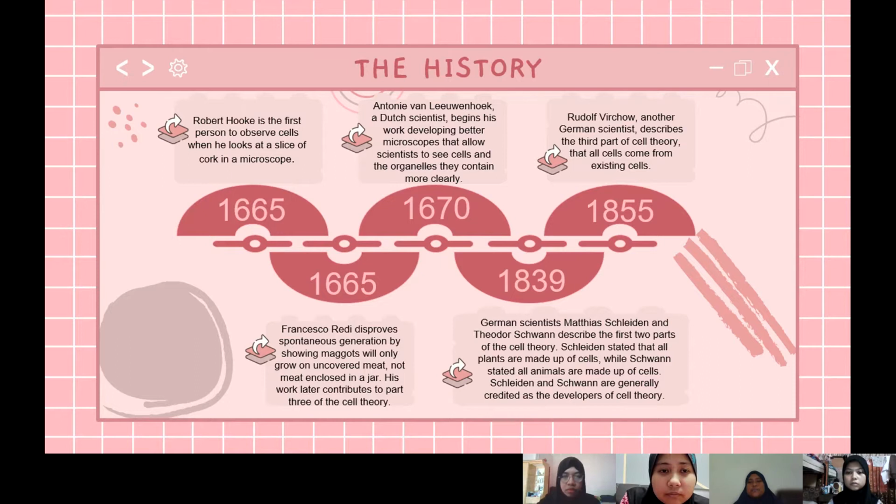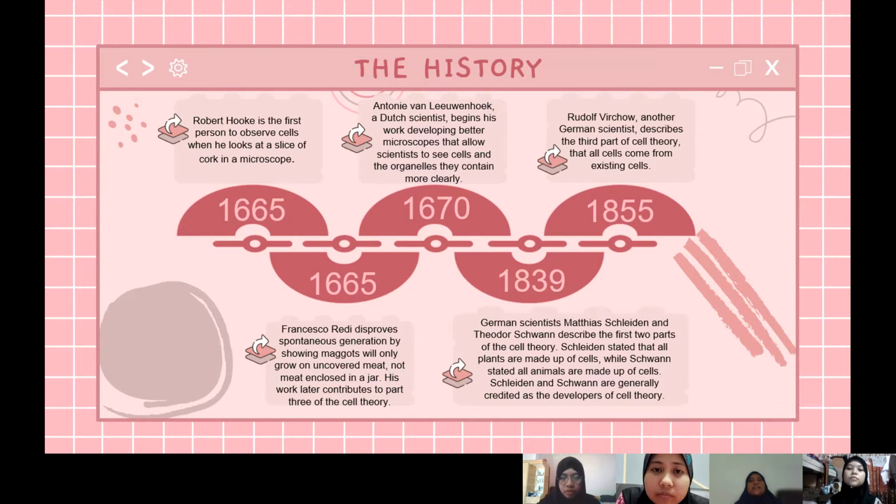Next, in 1839, German scientists Matthias Schleiden and Theodor Schwann described the first two parts of the cell theory. Schleiden stated that all plants are made up of cells, while Schwann stated all animals are made of cells. Schleiden and Schwann are generally credited as developers of cell theory.